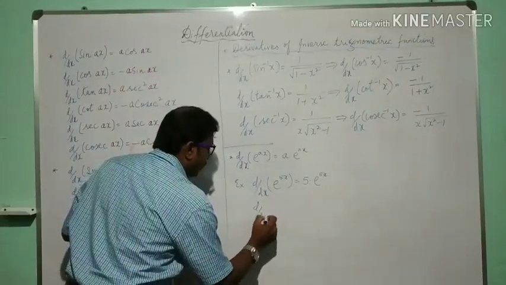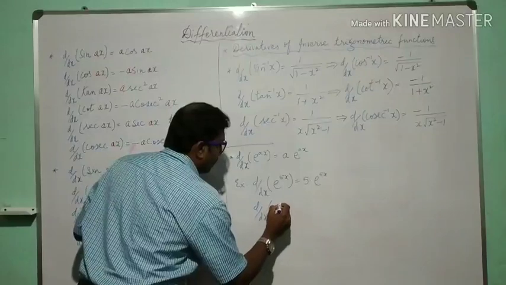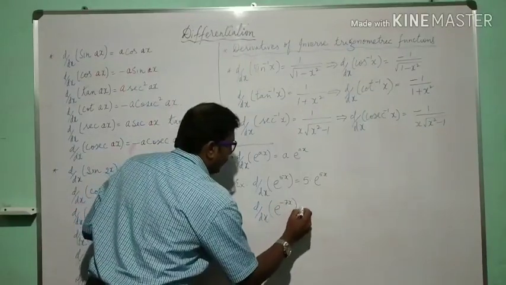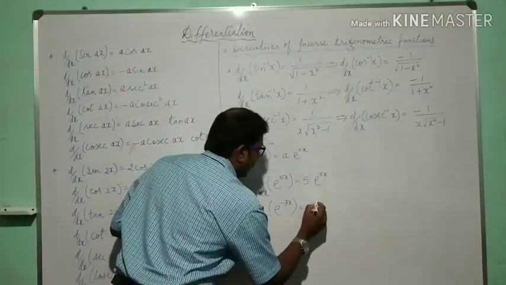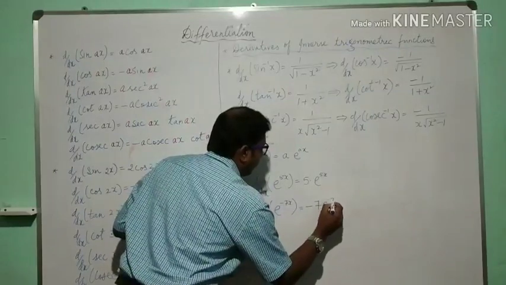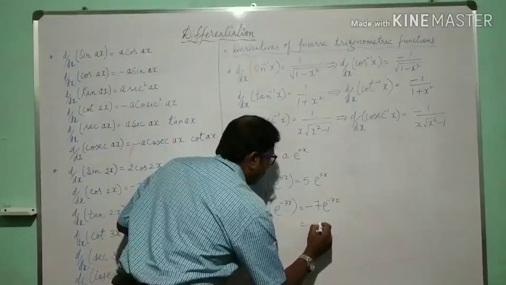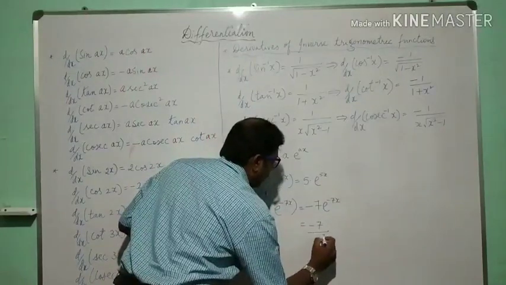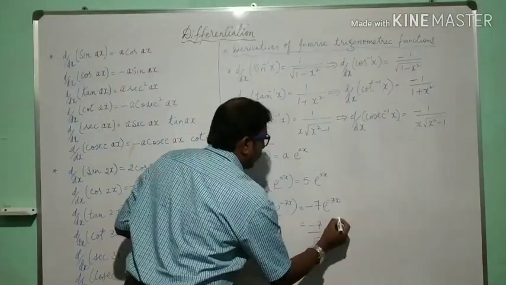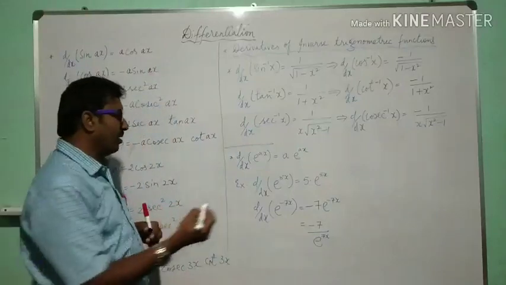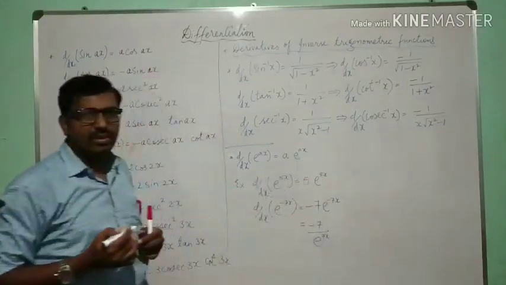D by dx of e power minus 7x, I will take negative sign, minus 7 e power minus 7x. So we can rewrite this as minus 7 by e power 7x. When you take this to the denominator, the power takes the positive sign.